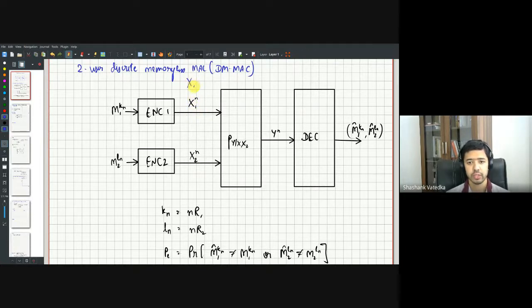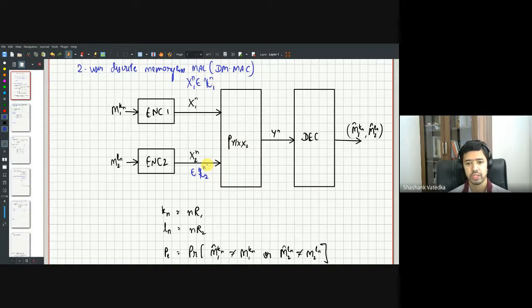So we'll assume that x1^n comes from some alphabet script X1. It could be very general, as long as it's discrete, it is fine. And x2^n is the vector sent by the second user, and we assume that this comes from some other alphabet script X2. So these are sent to the channel. So these are the inputs.